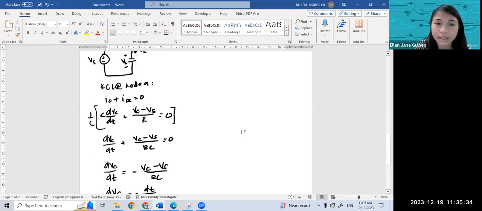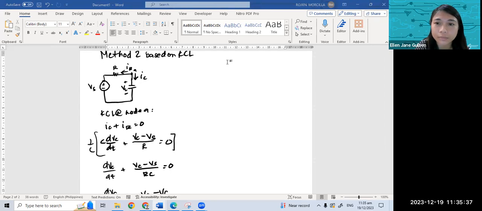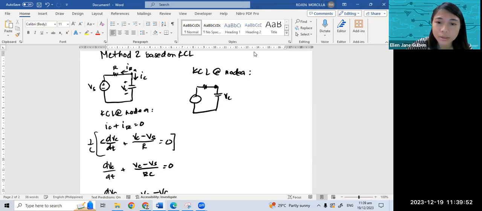Okay, another method is that we will do a KCL at node A. We have IC and IR, and this one is VS. So we will have IC minus IR equal to 0.